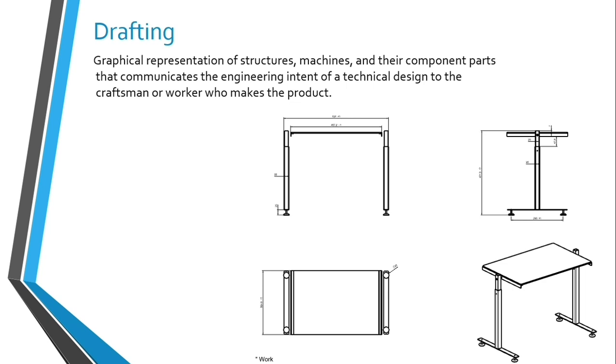So for that you need a technical drawing or technical design to present to the worker or craftsman. This is called drafting. It contains standard tolerances, dimensions, tolerances, GD&T and all, which gives you technical information.